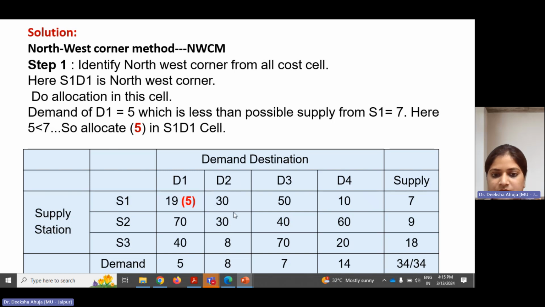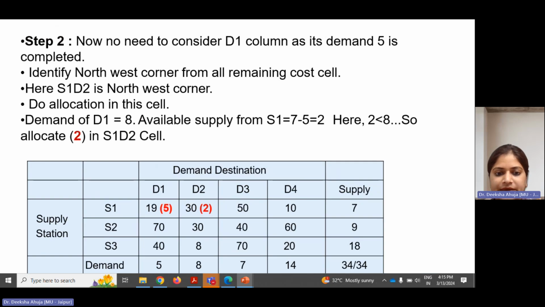Now we are supposed to take D2 for the allotment of this transportation cost, and we can take this 30 as an allotment cell. 5 is already allotted, and now we can allocate 2, because 2 was the balance after deducting 5 from the 7 supply.